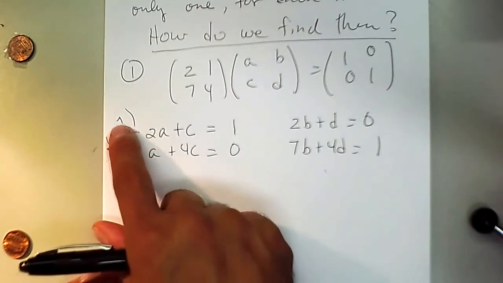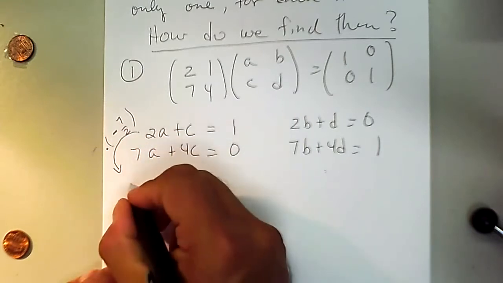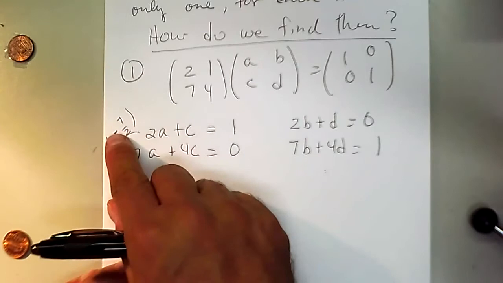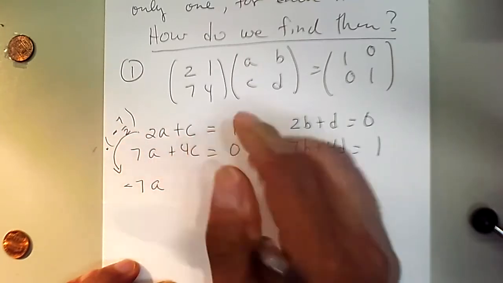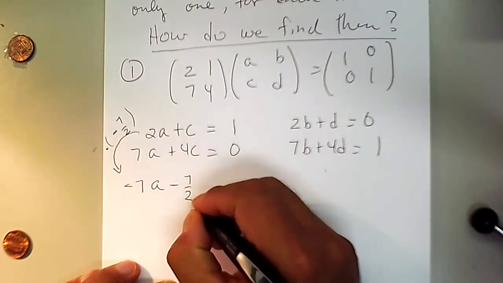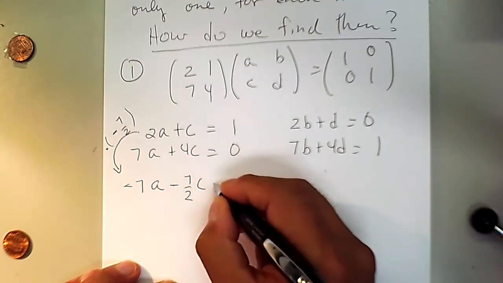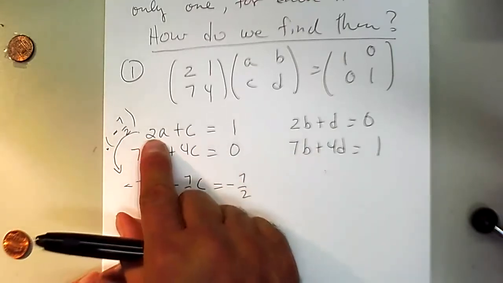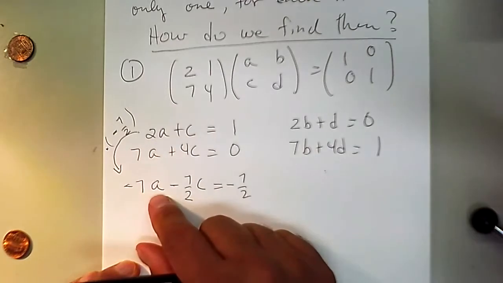When we multiply -7/2 by 2, we end up with -7, and the a stays. When we multiply -7/2 with 1, we get -7/2 c, equals -7/2. So we're multiplying the entire first equation by -7/2.